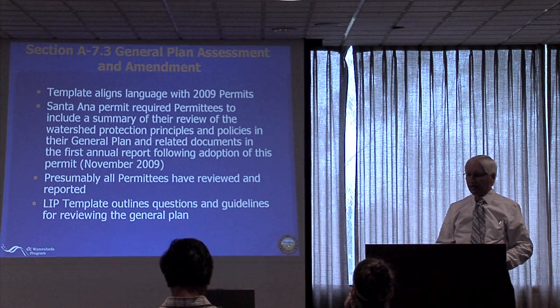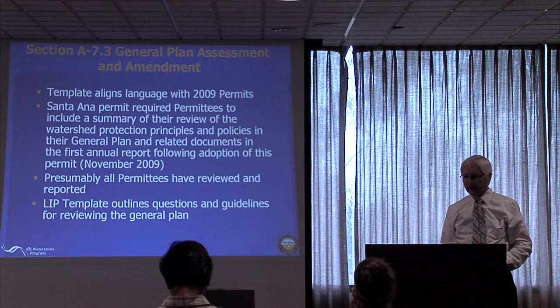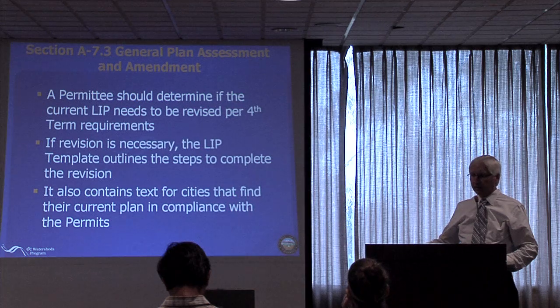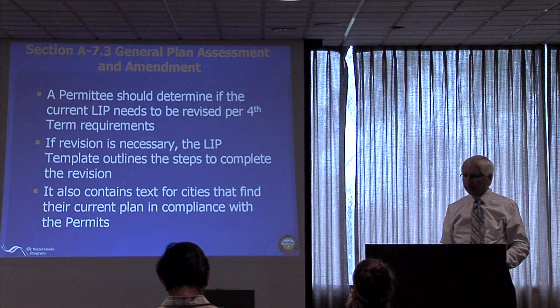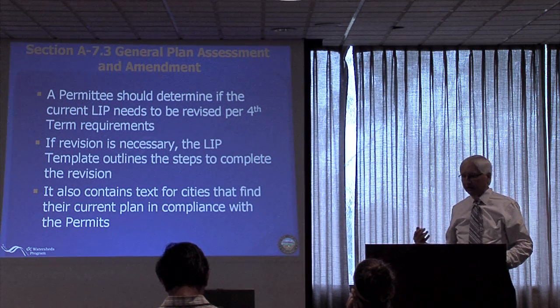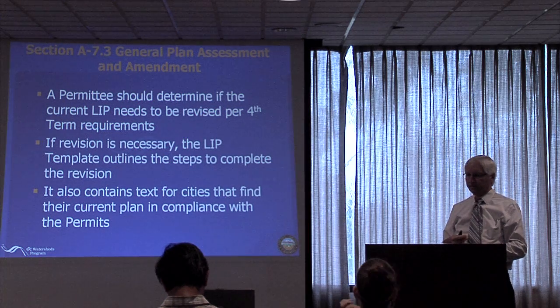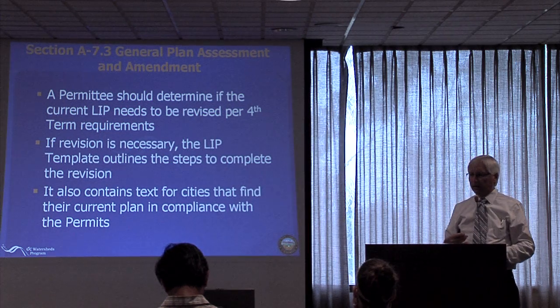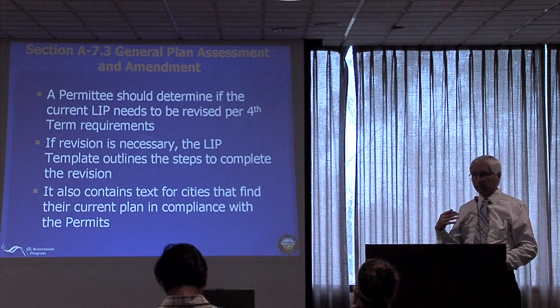Presumably you all looked at that last year, but the LIP template outlines the questions and the guidelines for reviewing a general plan, and it essentially aligns with the current permit language of the two permits. It does say that you should be looking at your LIP and looking at your general plan to make sure that it's consistent.